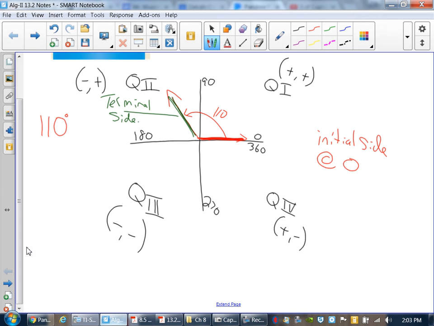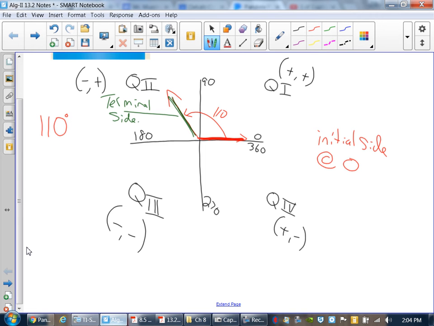It's where it stops. It's where it terminates. So the terminal side is where an angle position ends. The terminal side of 110 degrees puts you into which quadrant? 2, because it's past 90, but it's not past 180.